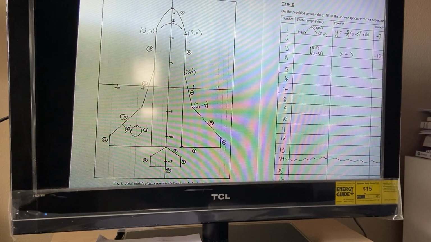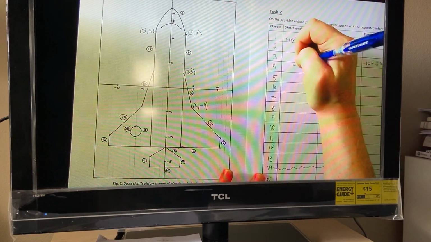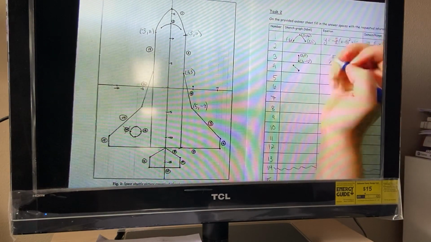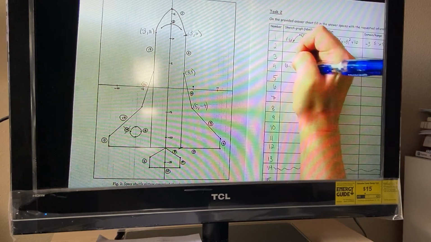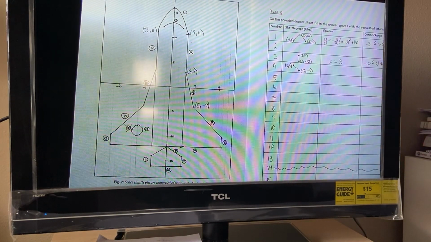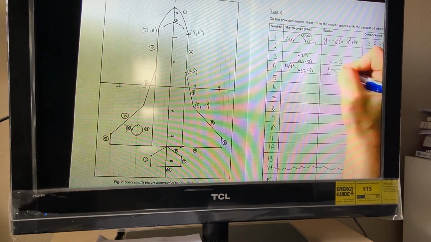Okay, so I have my 2 endpoints, so all I need is the equation for this line, right? Oh, I should draw the line first. These don't have to perfectly match what it looks like over here. That's what the labeling is for. So again, it's (3, 3) at the top, and (5, -4) at the bottom. Okay, so this is a line, so I'm going to say y equals.